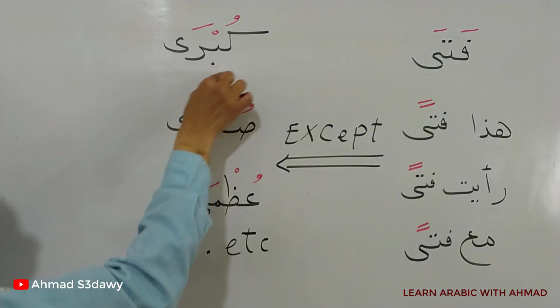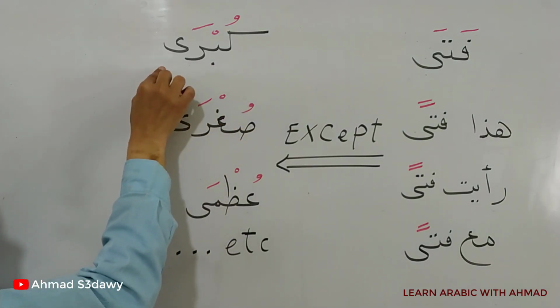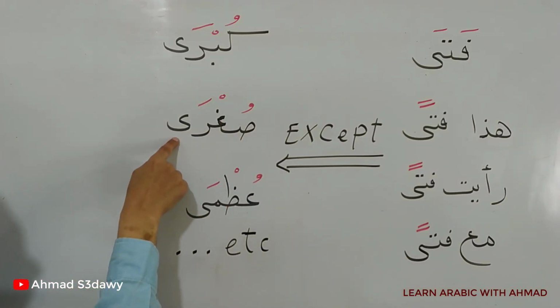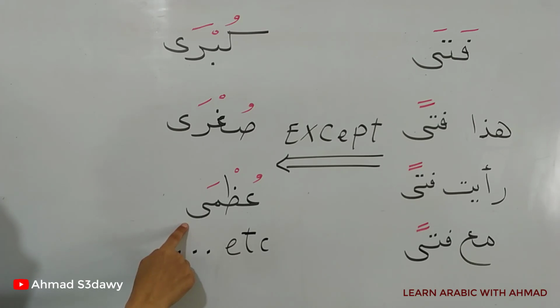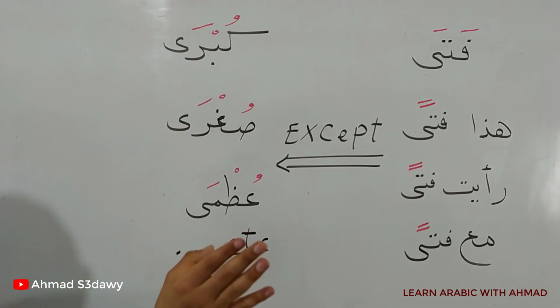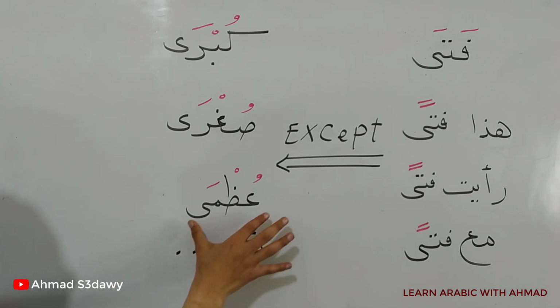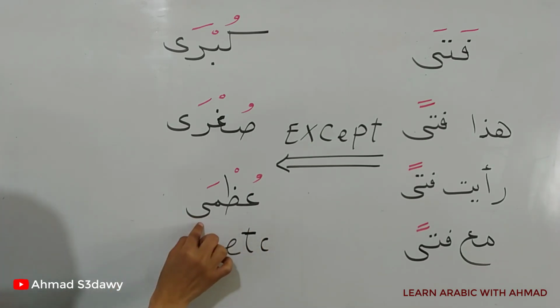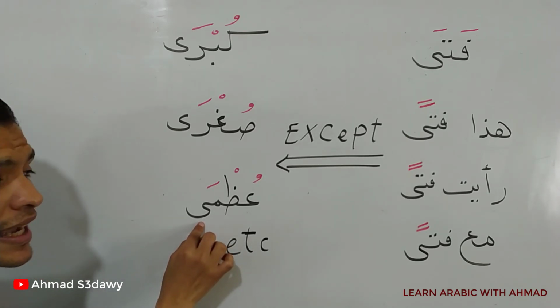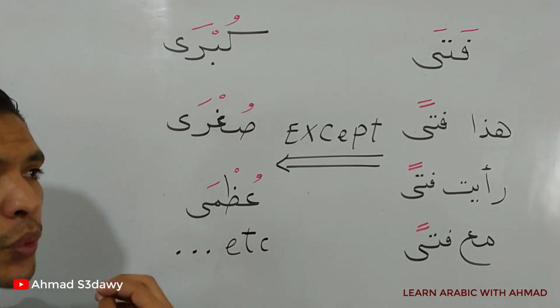Here you would say كبرى, you see, it ends with Alif Maqsoura. صغرى, it ends with Alif Maqsoura. عظمى, it ends with Alif Maqsoura. All these words never accept vowels or tanween. Why? Because first of all, they don't accept the vowels because it's Alif Maqsoura. And they don't accept the tanween because they are ممنوع من الصرف.